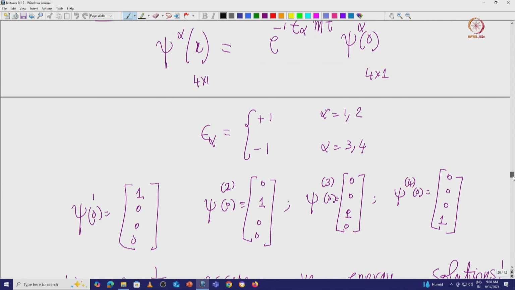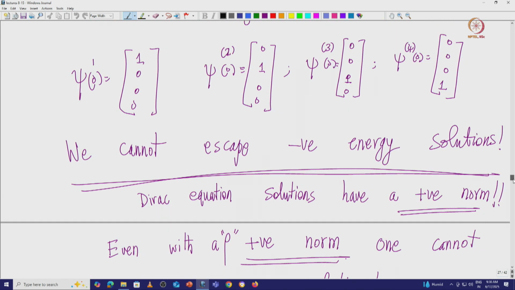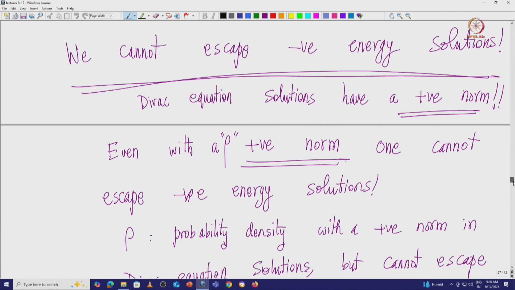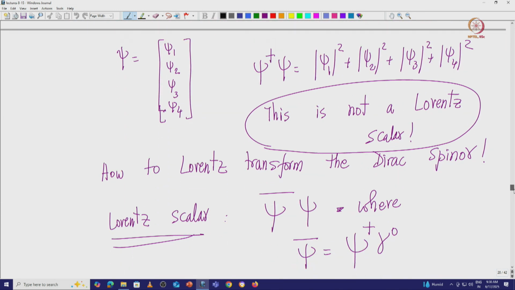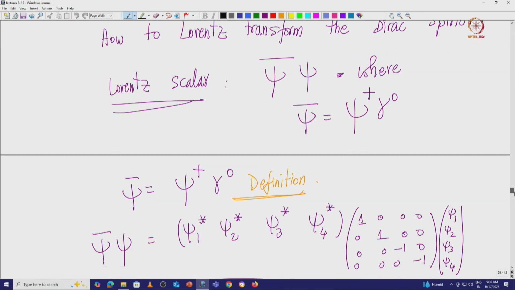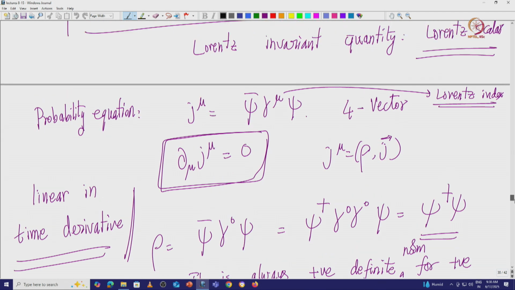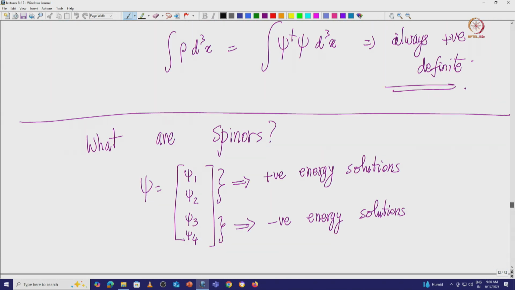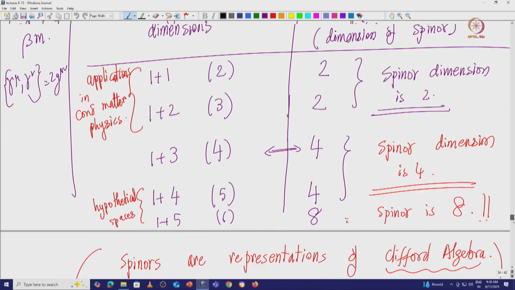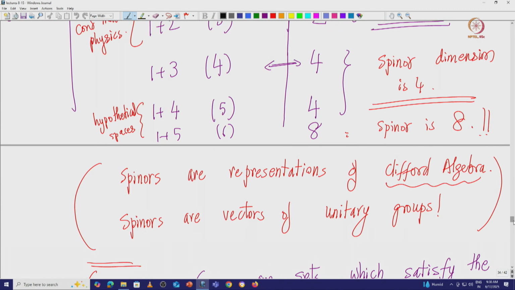I wanted to tell you in a more mathematical sense that these are representations in the sense of Clifford algebra, but in other words we can also think of these things as vectors of unitary groups. Essentially these are fundamental representations of unitary groups.